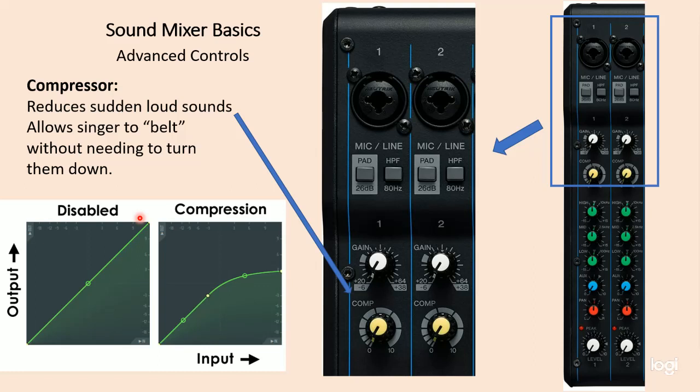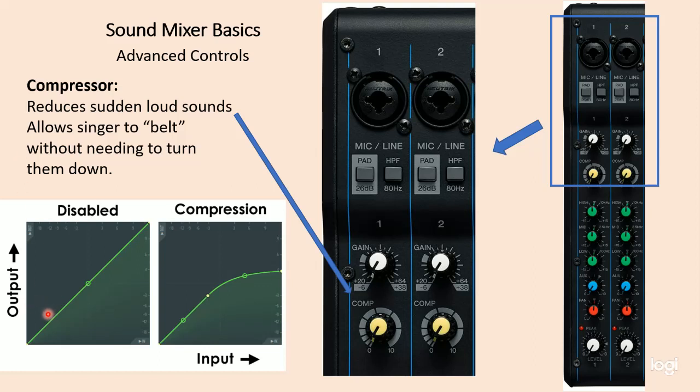Without a compressor, you would have to go to that individual volume knob and turn them down when they belt, and then turn them back up when they're done, right? So that you can compensate for the fact that they've just, in that brief moment, have gotten very loud. A compressor is a way to do that automatically.